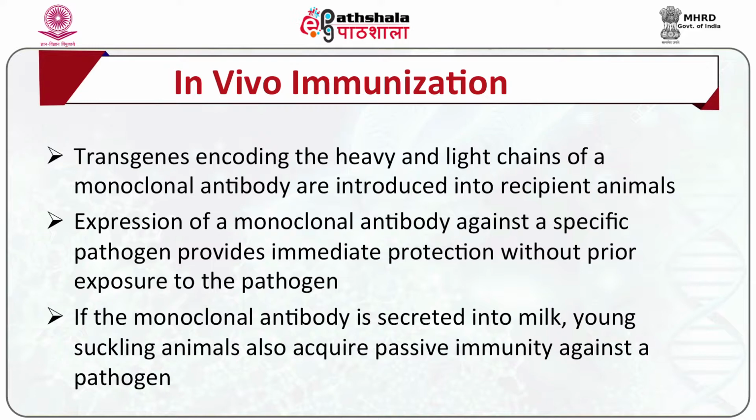Expression of a monoclonal antibody against a specific pathogen provides immediate protection without prior exposure to the pathogen. If the monoclonal antibody is secreted into the milk, young suckling animals also acquire passive immunity against a pathogen.